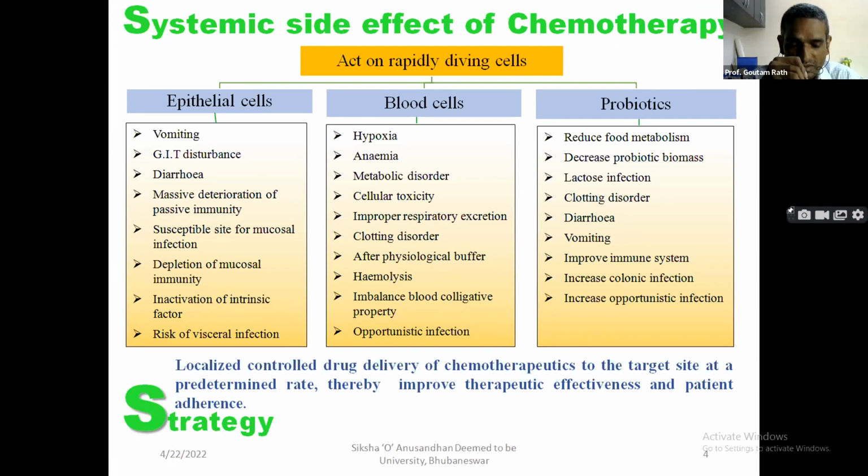And see, in the case of liposomes, it is almost 50 to 60 years back.